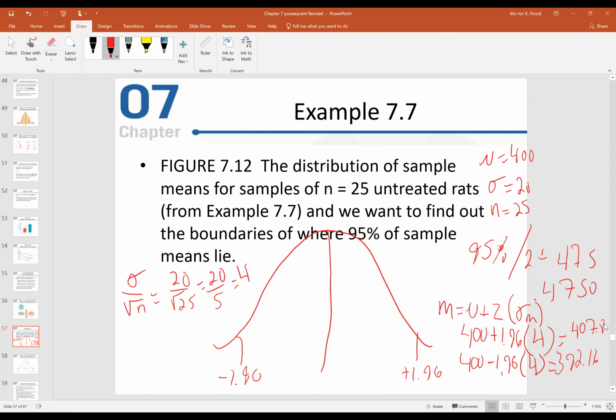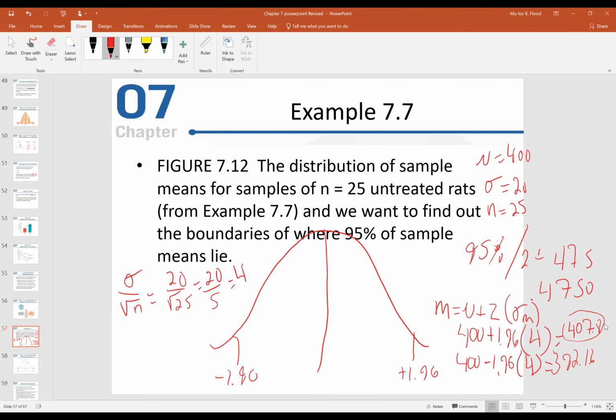So what we're saying is, if we treated the sample of rats with the growth hormone, and the sample mean of the rats' weight is beyond 407.8 or smaller than 392.16, we are going to say that those are extreme scores, and that the treatment works.